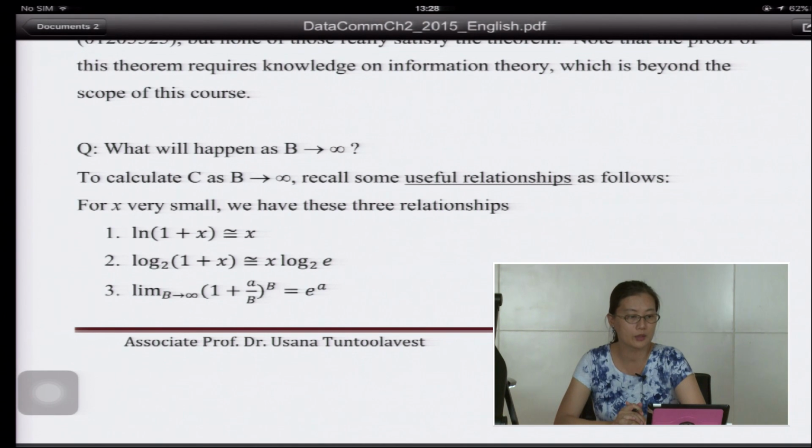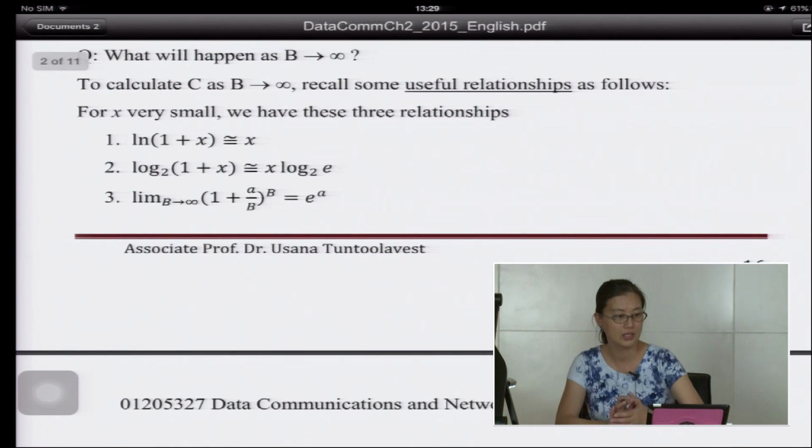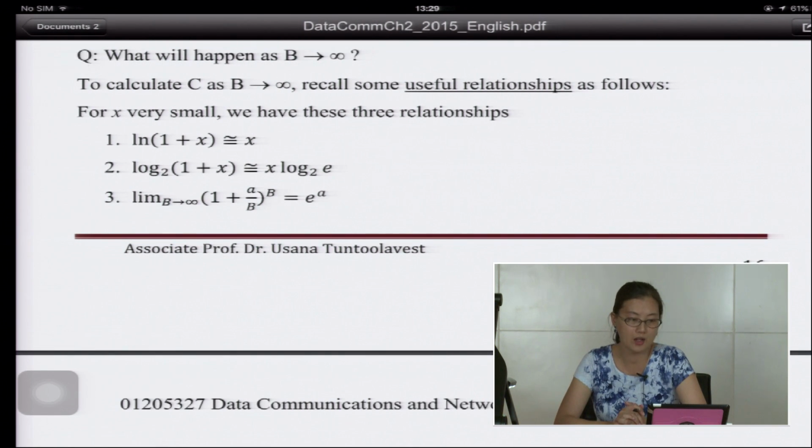Okay, now let's look at the question: what will happen when the bandwidth goes to infinity? To calculate the channel capacity as B goes to infinity, we have to look at some relationships about the log function. First, natural log of 1 plus x is approximately x.